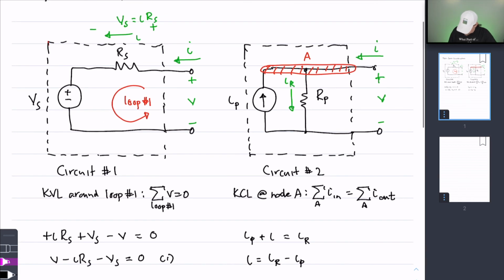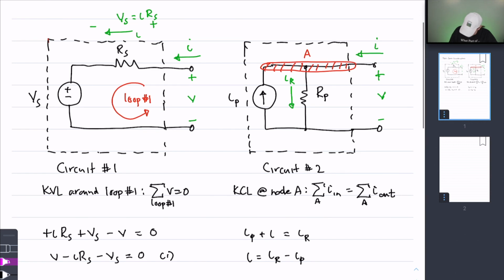And this I sub R should also be related to the voltage V across it. Notice that this V that's external is the same voltage that's applied across that resistor, R sub P. Why? Because they have the same nodes.